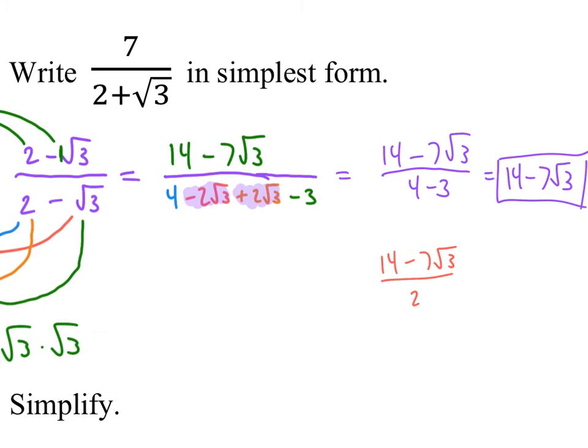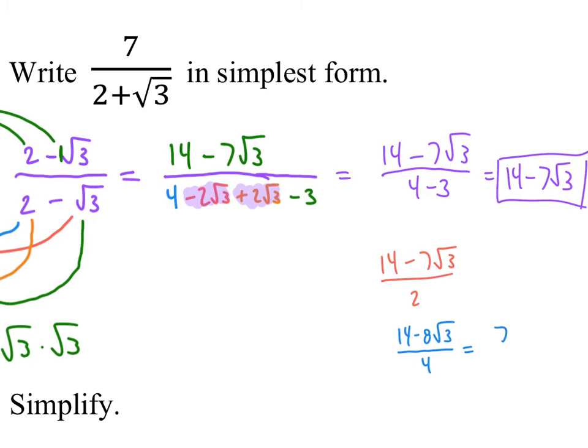Okay. So if it looked like this, let's say we had 14 minus 8 radical 3 over 4, something like that. Because the 14, the 8, and the 4 all have 2 in them, notice how I'm just looking at the normal numbers. I'm ignoring the radical number. These all have 2 in them. I can reduce that by 2.